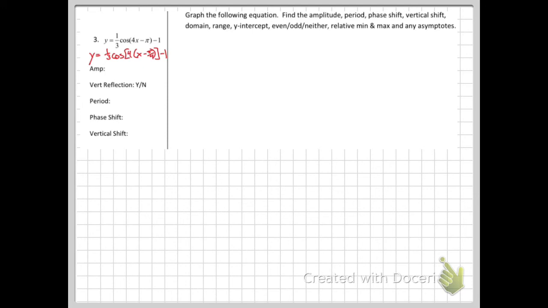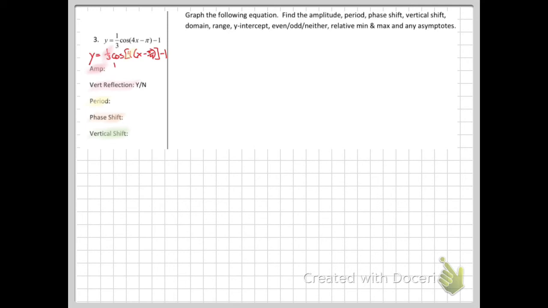So that's my graphing form, and that's where I'm going to highlight all the numbers that do different things.